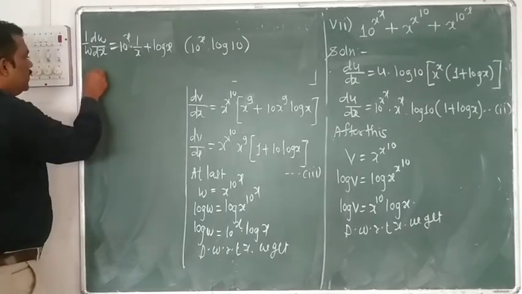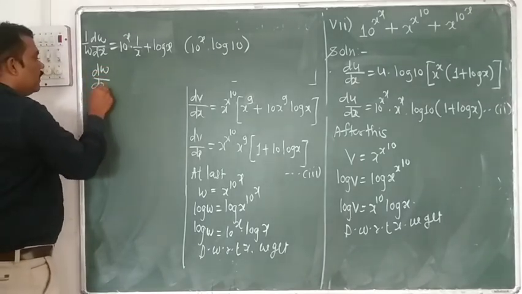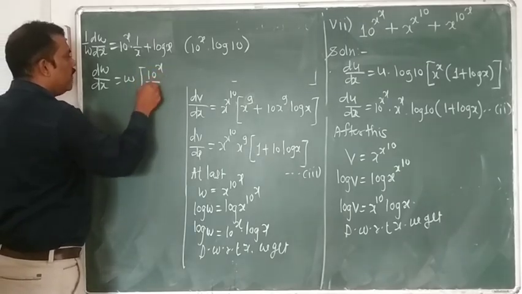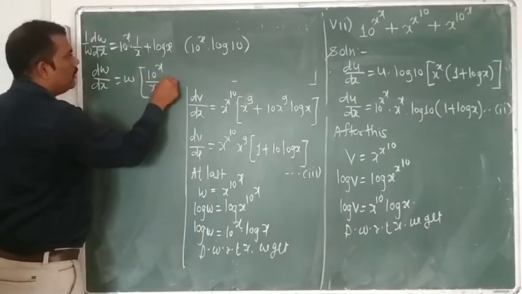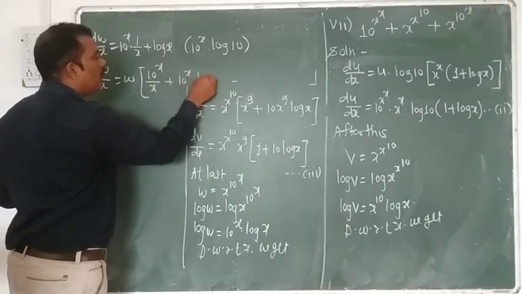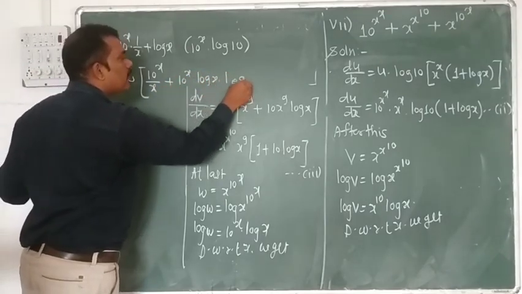So that dw by dx is equal to w into bracket, here we have to get 10 raised to x divided by x plus 10 raised to x into log of x into log of 10.